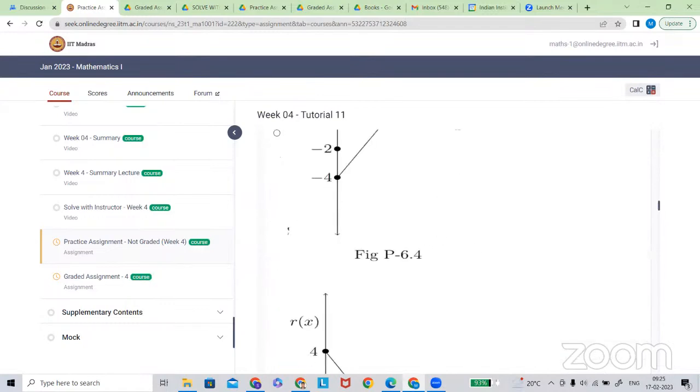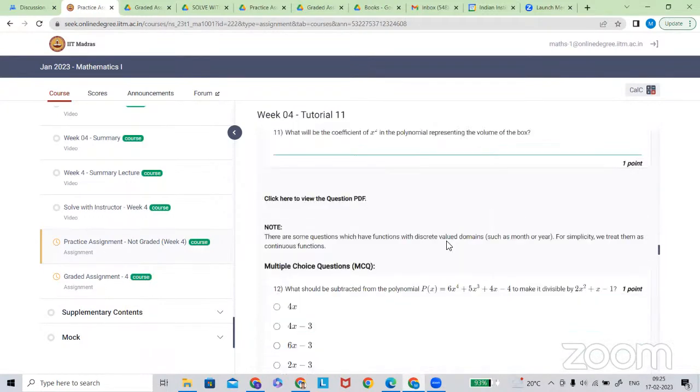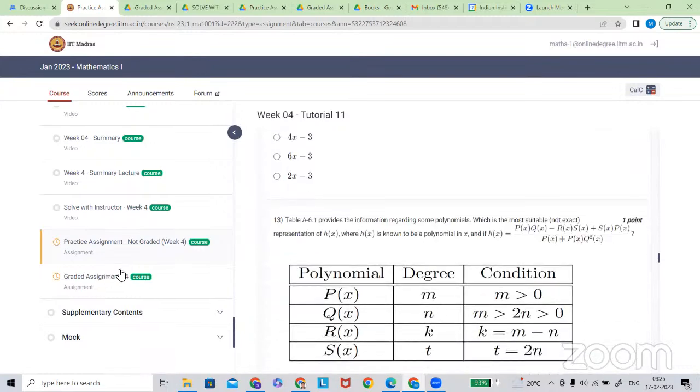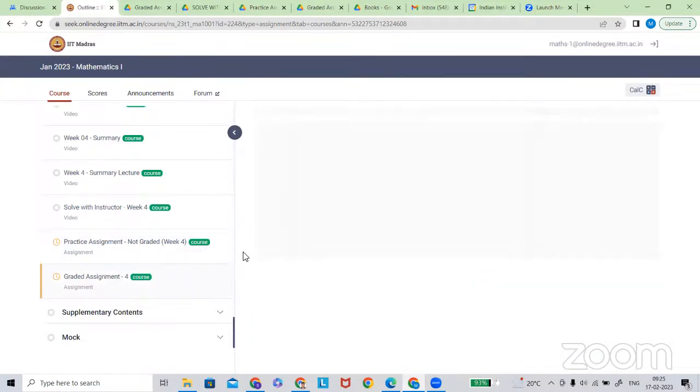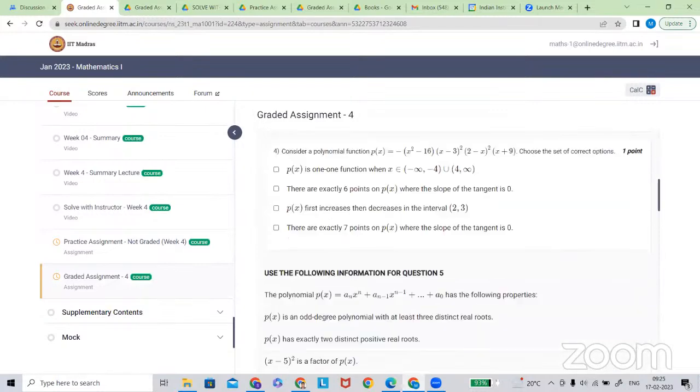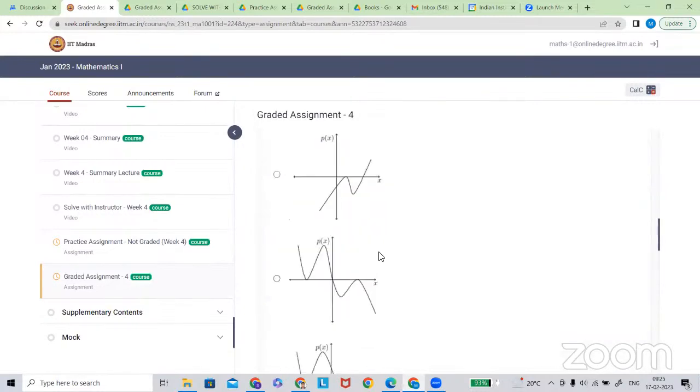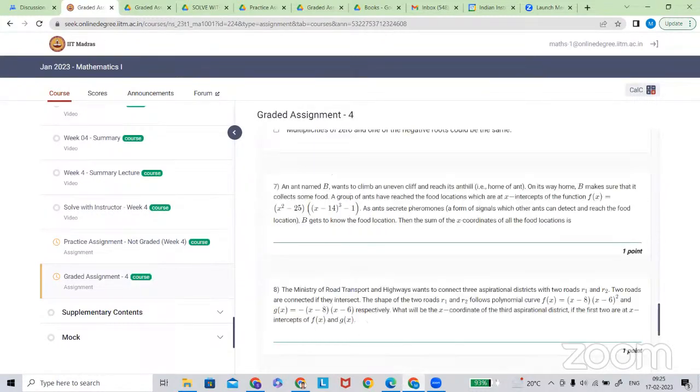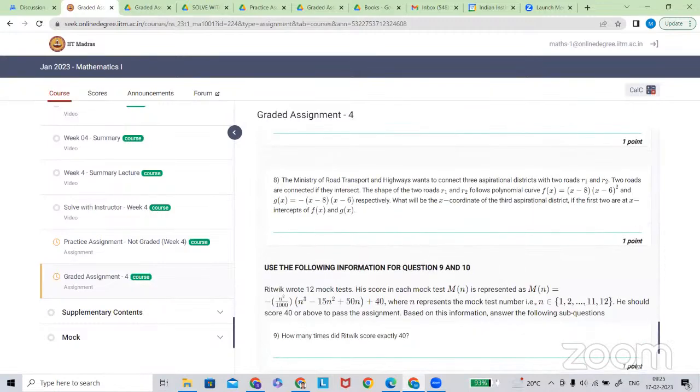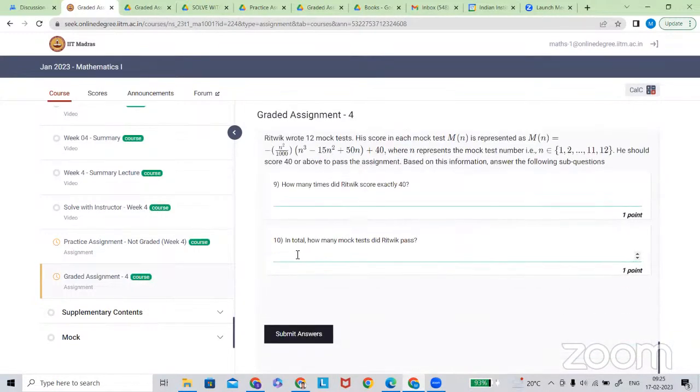Many questions are based on real life examples. And the graded one is more theoretical. Some few of them are on real life, otherwise all are theory. In some other graded assignments you will see more real life, and in the practice some have only simple, direct questions.